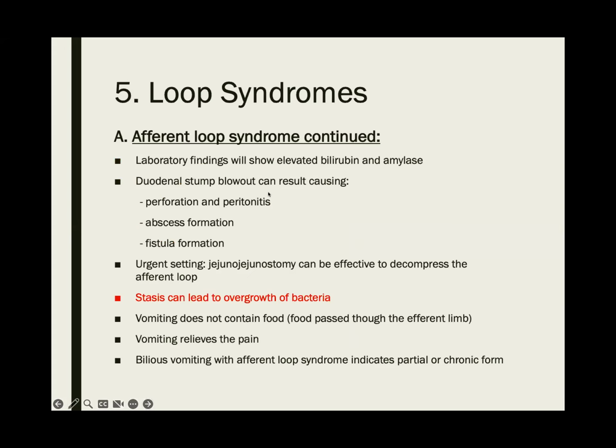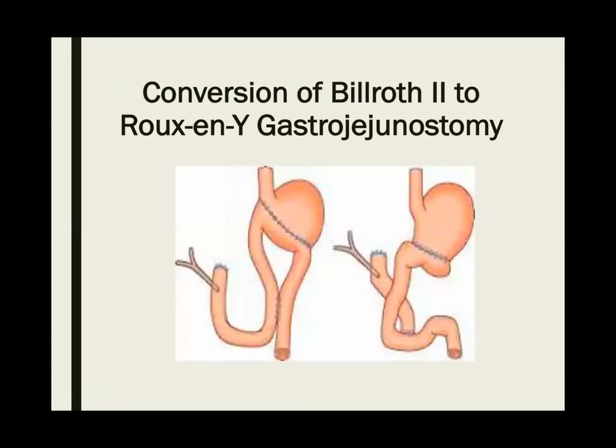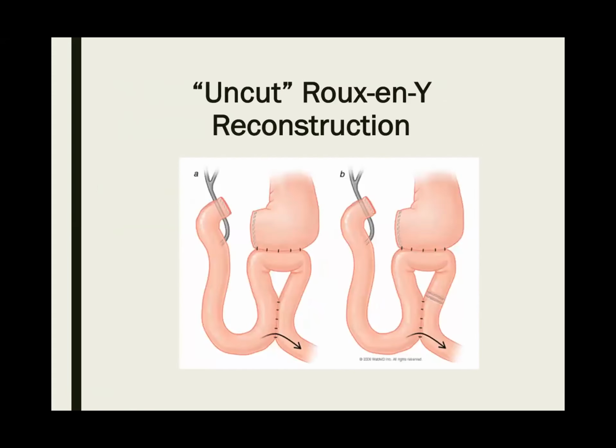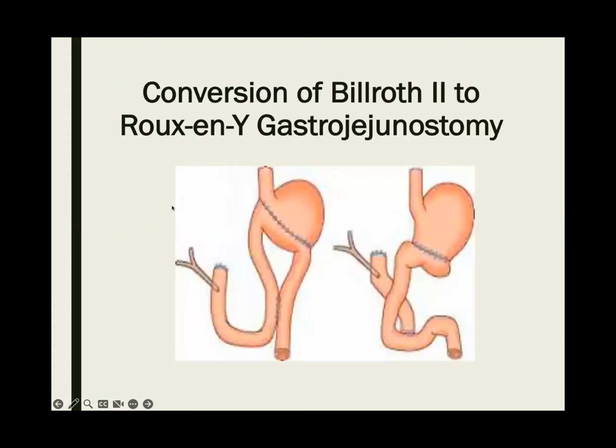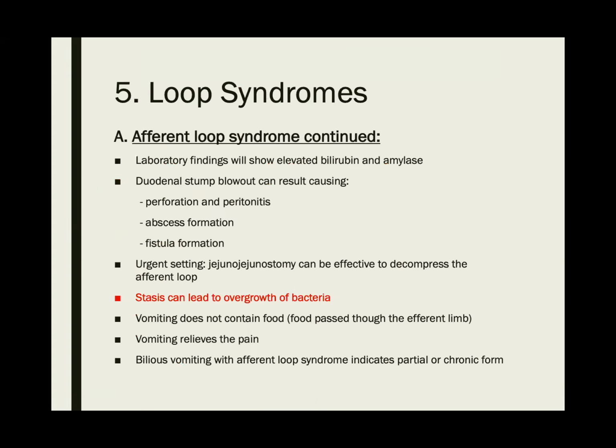With the obstruction, as you can remember, the duodenal stump would be at risk of opening, as a result of increased pressure. So that can lead to perforation, peritonitis, abscess formation, and fistula.